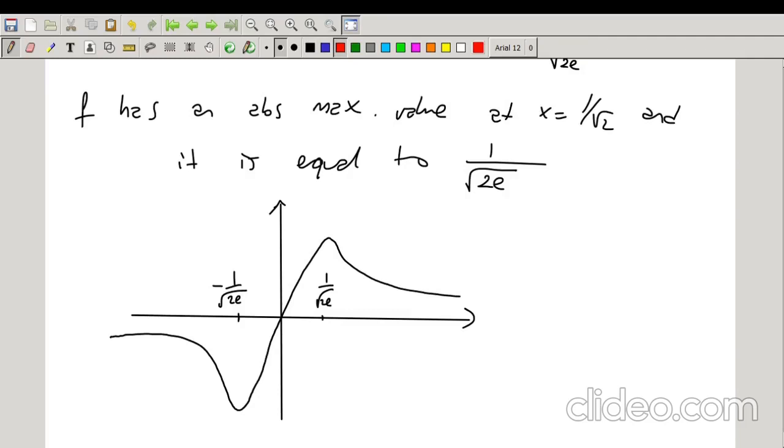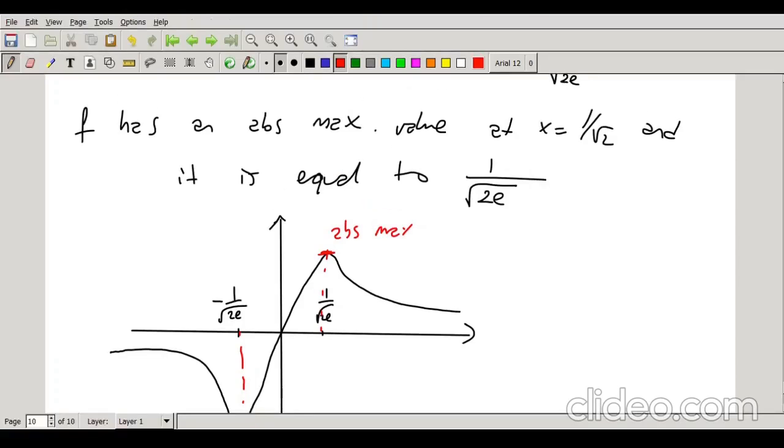And obviously you see that here we have an absolute max, and here we have an absolute min. So for today, for that lecture, this is enough for us. We can stop at that point, and for the next chapter, chapter 4.5, we will continue again.